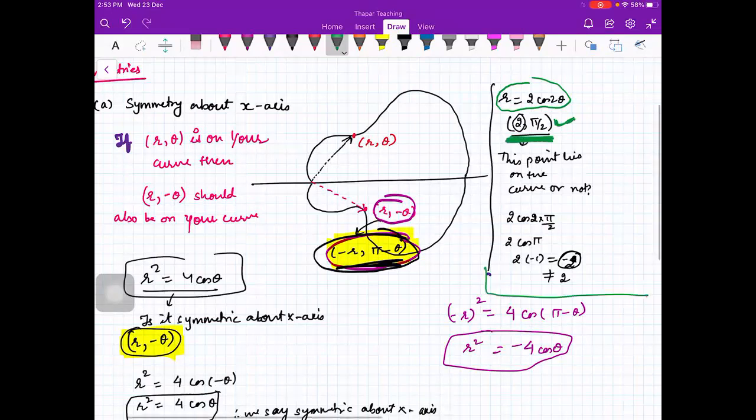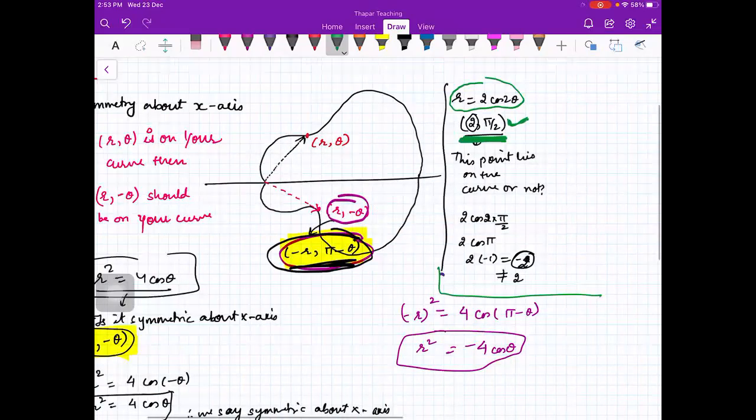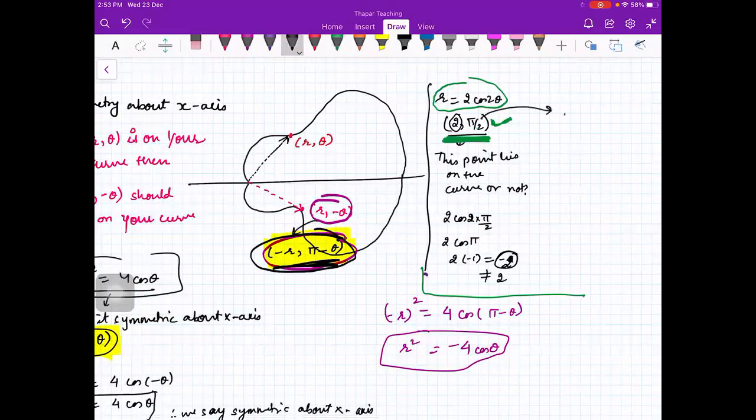But another name for this point is, can you tell me? Another name for this point? Minus 2 comma minus pi by 2. Now you check whether this point lies on the curve or not.